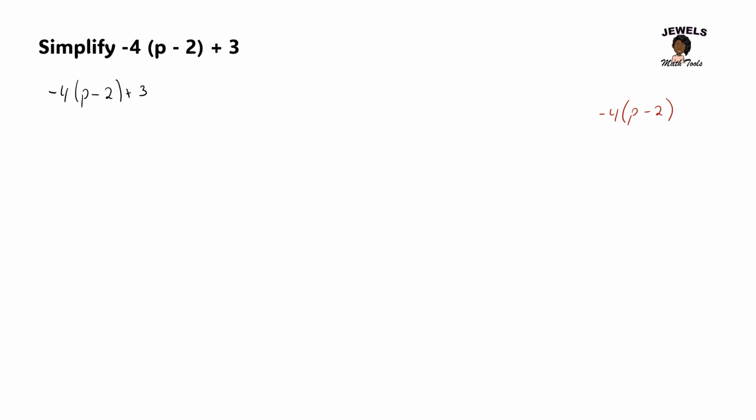And when I distribute 4, I'm multiplying -4 times p. And when we multiply -4 to p, remember because they are unlike terms, we will simply be combining the two together. And then we will be distributing our -4 to our 2.